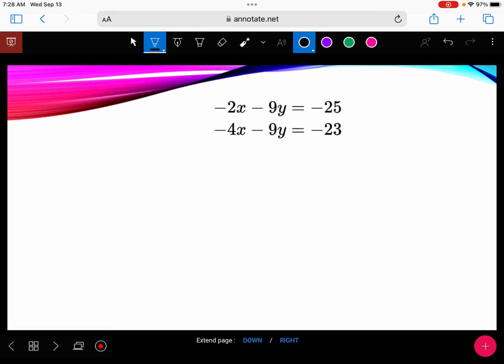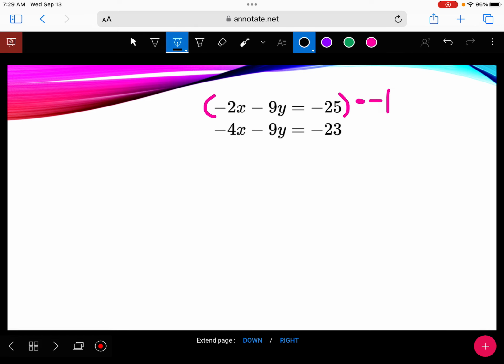So what we're going to do is multiply one of the equations on both sides by something in order to make them be what I want them to be. I'm going to take my top equation and multiply the whole thing on both sides by negative 1. That is going to make me have the same number, opposite signs on my equations.